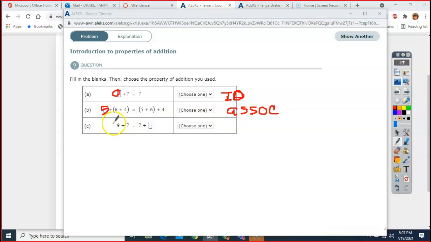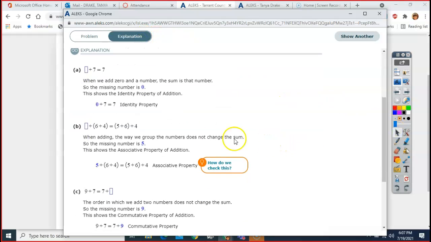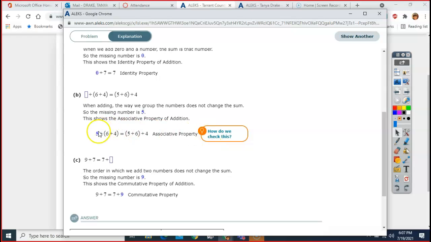And then, of course, the last one, 9 plus 7, 7 plus 9, is your commutative. Once you do a couple of these, you'll get used to it, because they're just going to keep showing you the same stuff over and over. And as you can see, identity, associative, commutative.